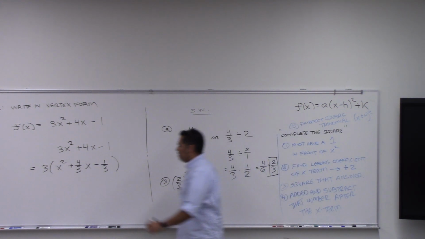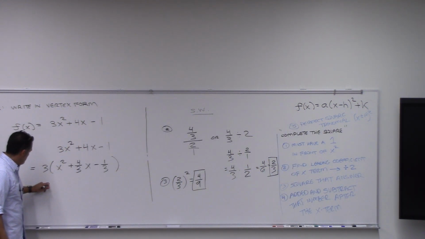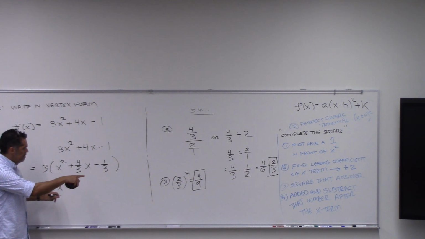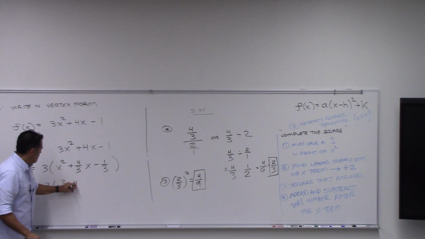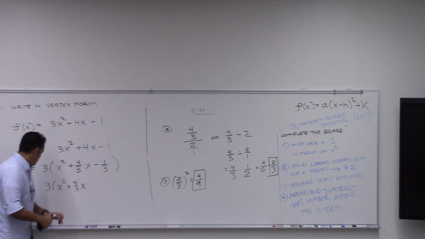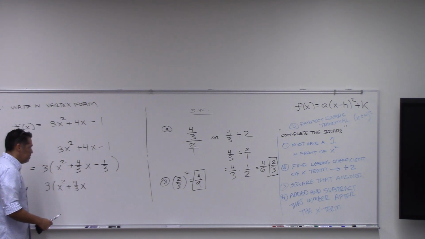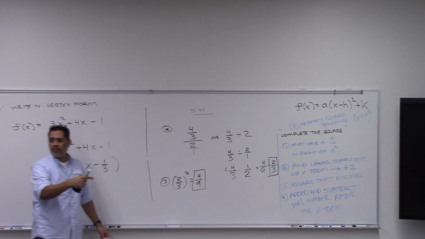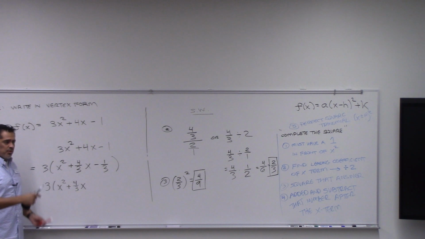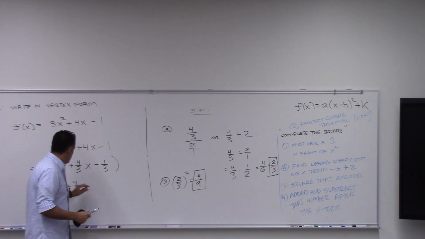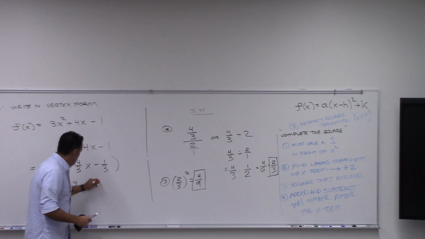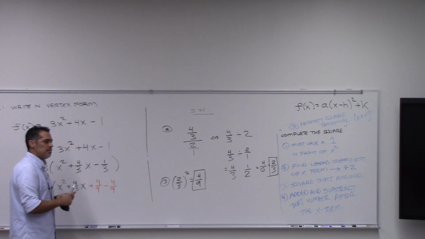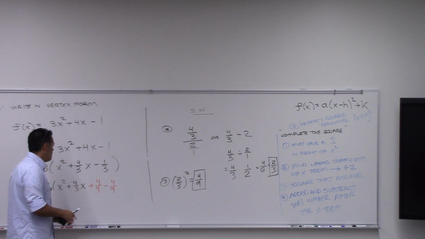So now I come in here and I say 3x squared. Where do I add and subtract that number? Right after the 4/3 x, right? Right after that, here's where I come in. I'm going to subtract and add, or add and subtract? Add and subtract. Don't subtract and add. It won't work if you subtract and add. You add the number, then subtract the number. 4/9. What do I still have there, though?